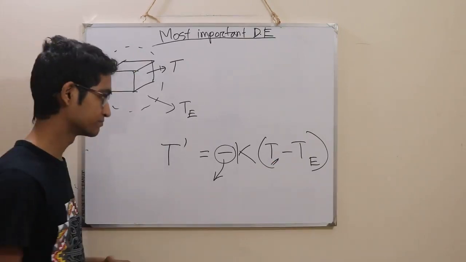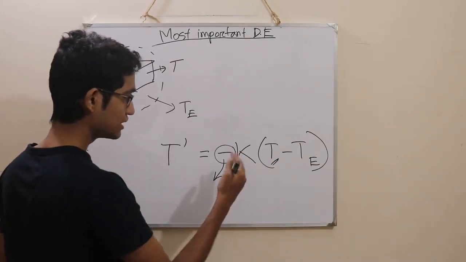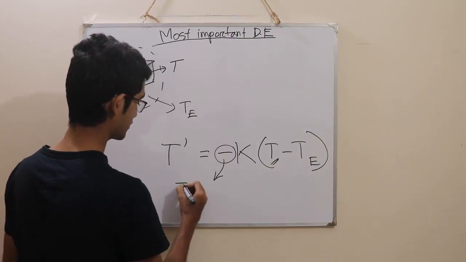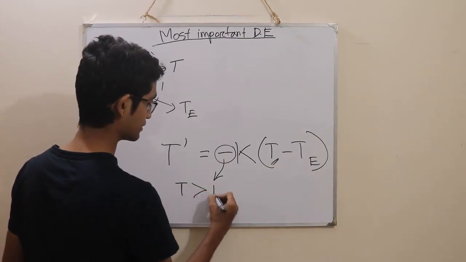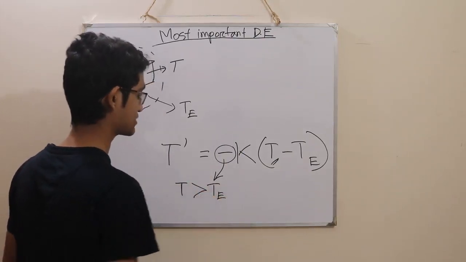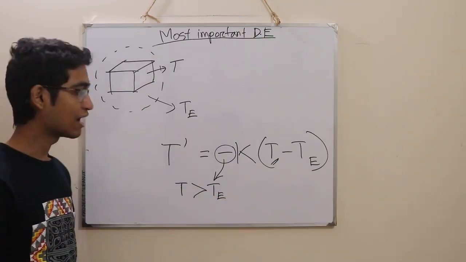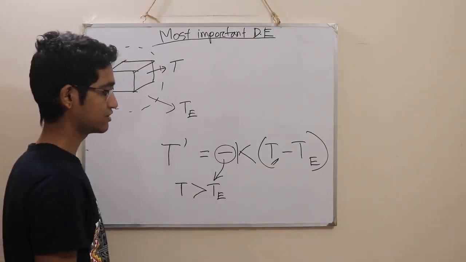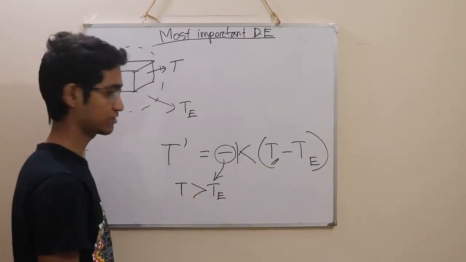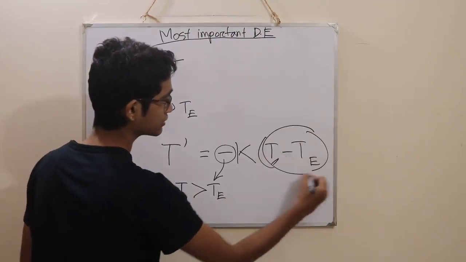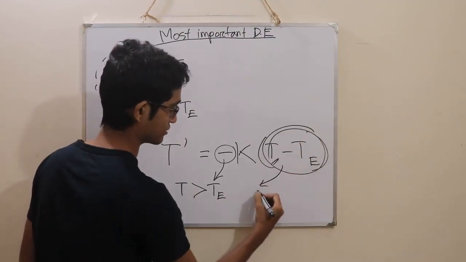And how so? Let's say T, the temperature of the body, is greater than the temperature of its surroundings. Now, if T is greater than T of environment, this whole thing is positive.